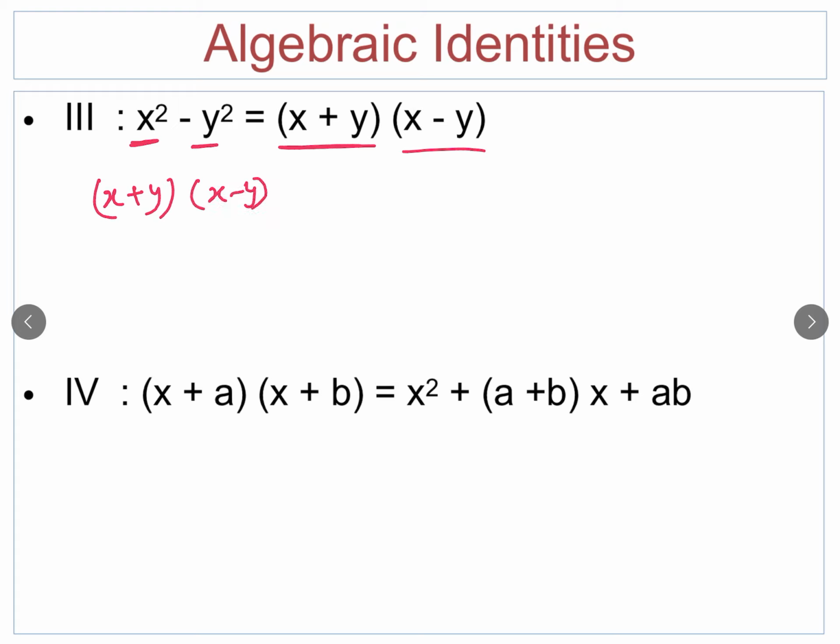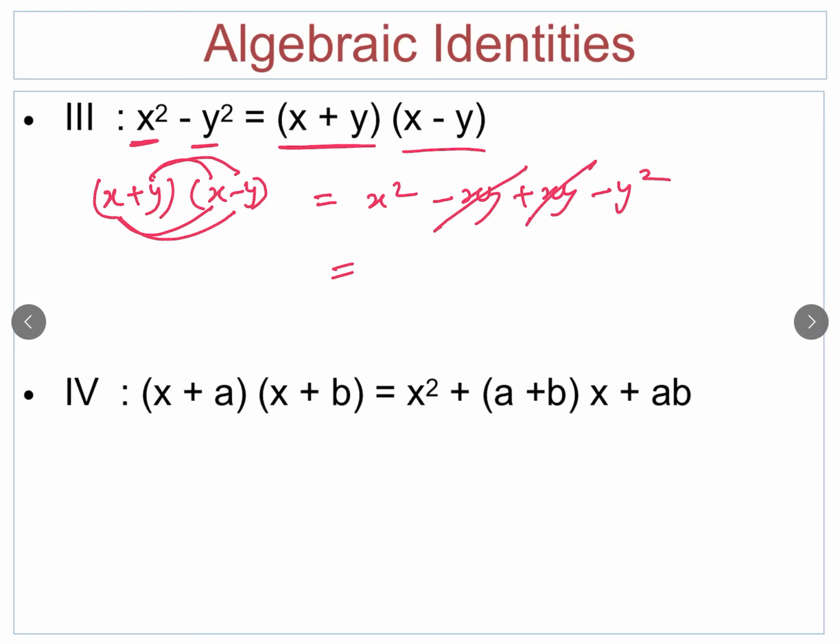Now we multiply x with the x here, so this will be x square, then x with the minus y will be minus xy, then plus y into plus x will be plus xy, and plus y into minus y will be minus y square. Now minus xy and plus xy will cancel out, so we remain with x square minus y square, which is identity number 3.